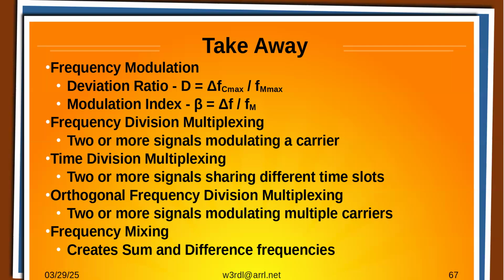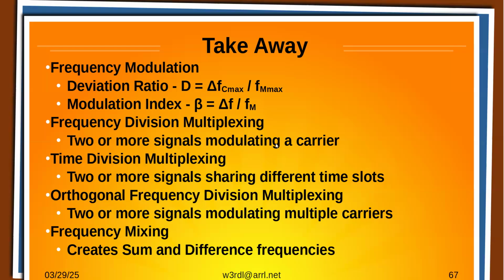In time division, we have the two signals sharing different time slots. In orthogonal, you have two or more signals modulating multiple carriers, and I think they're supposed to be orthogonal. The one thing they did say about them was, oh gosh, what was that term they used for the subcarriers? It wasn't part of the question, but.